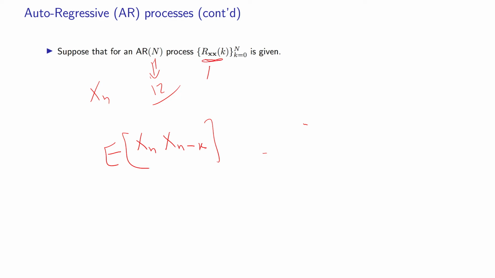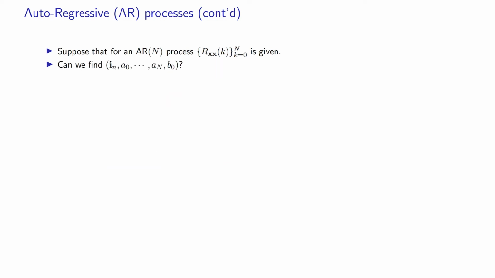Suppose that this one is given, because how many parameters do we have here? We have n plus 1 parameters. So n plus 1 parameters from the autocorrelation function is necessary and sufficient. So the question is how we can calculate this one. This gives us a problem, which means that we have to try to use this equation in order to solve.